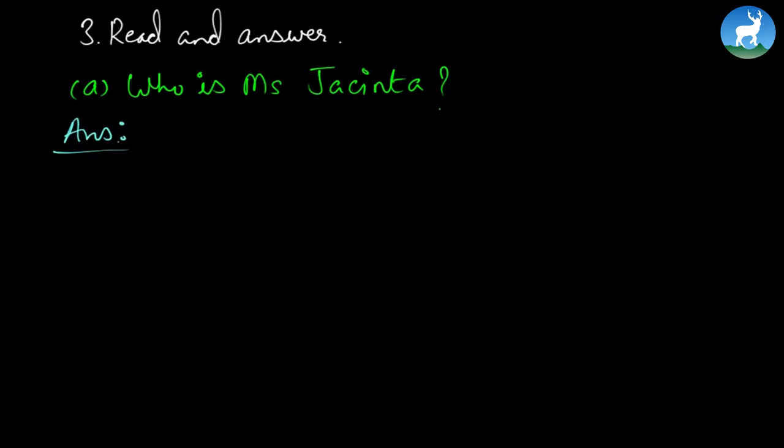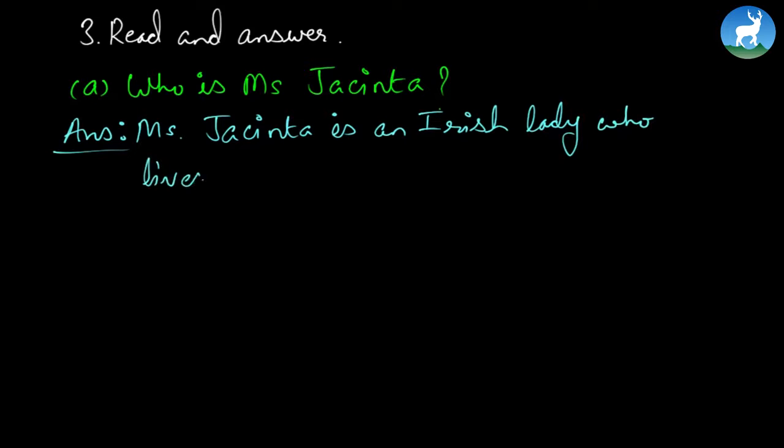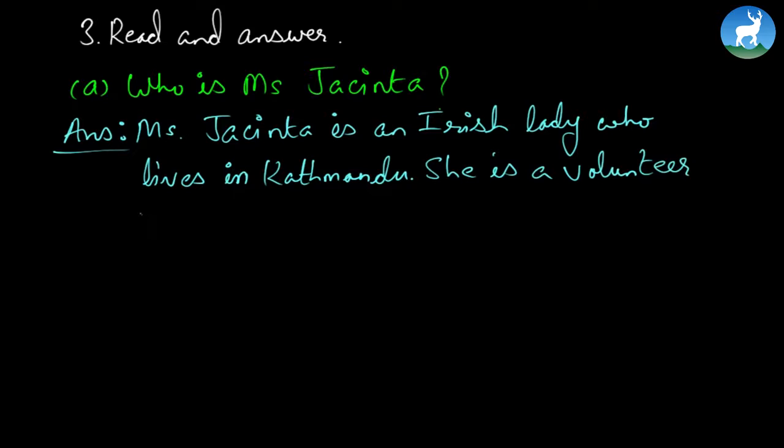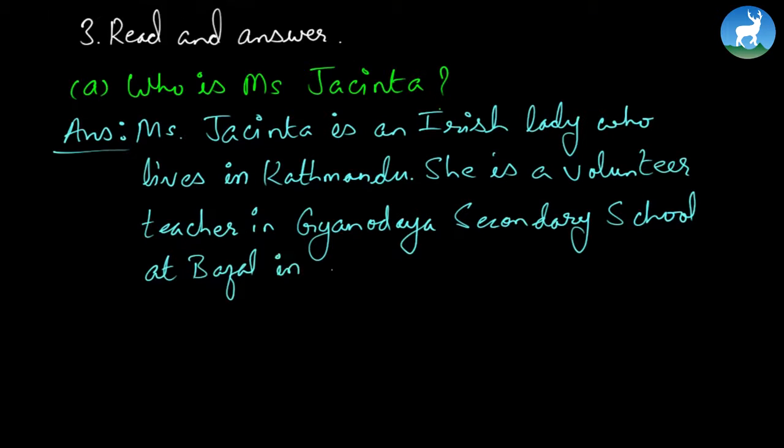From the passage, Miss Zakinta is an Irish lady who lives in Kathmandu. She's a volunteer teacher in Ganodoya Secondary School at Bafal in Kathmandu. So see, Miss Zakinta is an Irish lady, meaning she's from Ireland, who is currently living in Kathmandu.